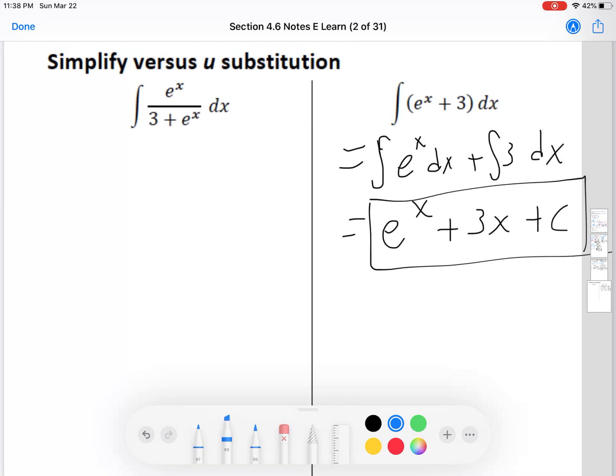I like choosing the more complicated expression for the u, so I'd choose the denominator route. I'm going to write that u is equal to 3 plus e to the x. And du, well, the derivative of e to the x is just e to the x.